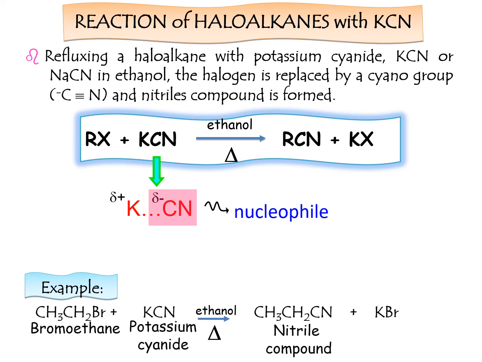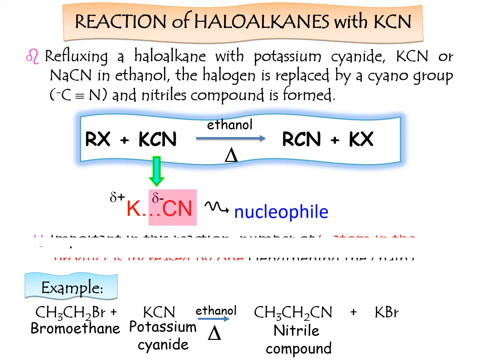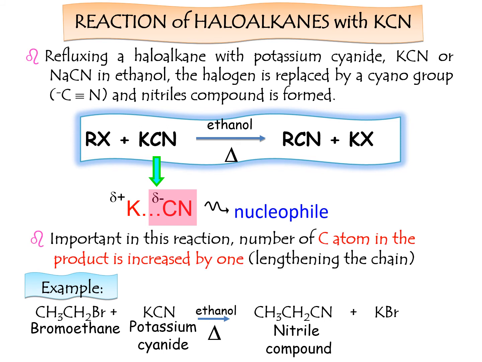Chemical reaction of haloalkanes with KCN will produce a nitrile compound. Bromoethane reacts with potassium cyanide KCN in ethanol and under reflux to produce a nitrile compound when the nucleophile CN- substitutes the halogen atom Br. Important in this reaction, the number of carbon atoms in the product is increased by 1.